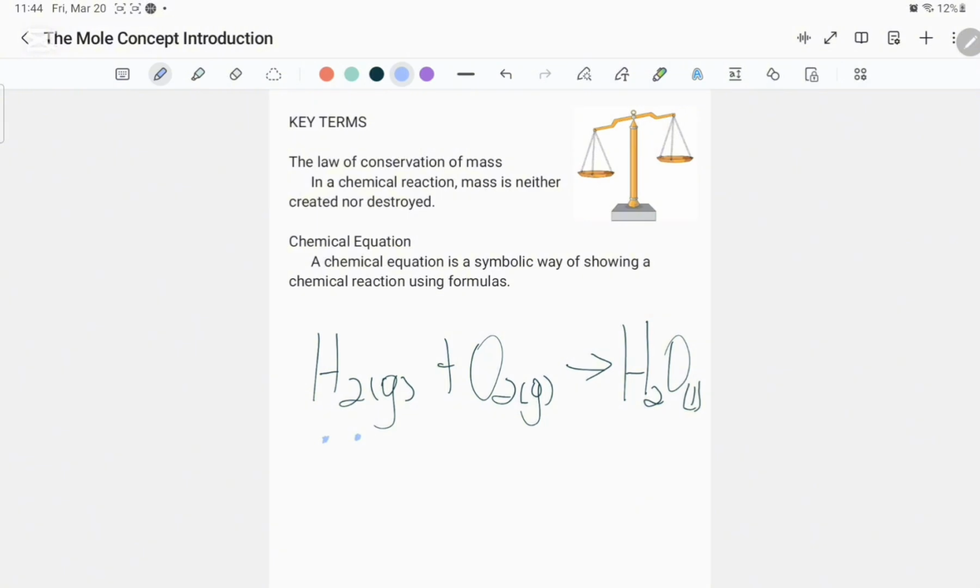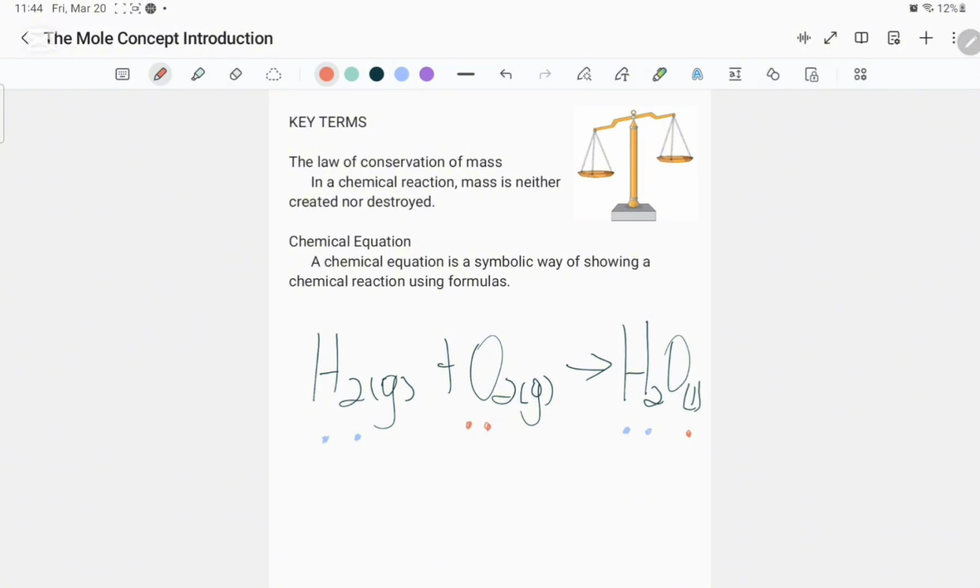Also, we have two oxygen on the reactant side. But if we come to the product side, how many hydrogen do we have? We also still have two. But we only have one oxygen atom on the product side.